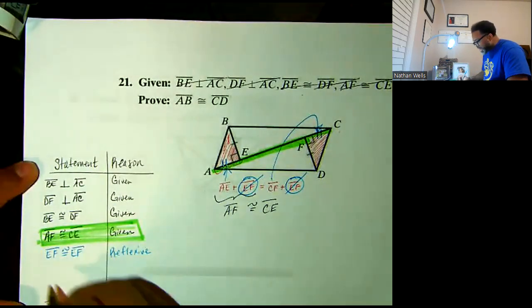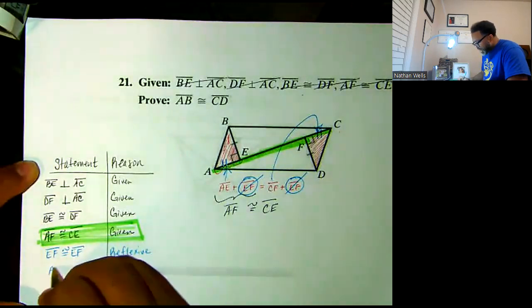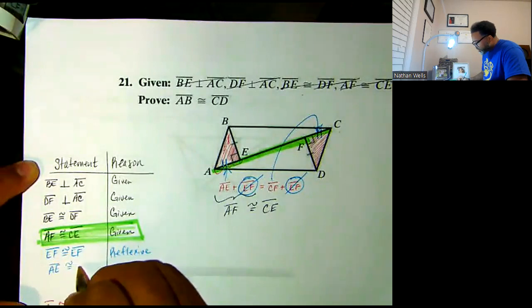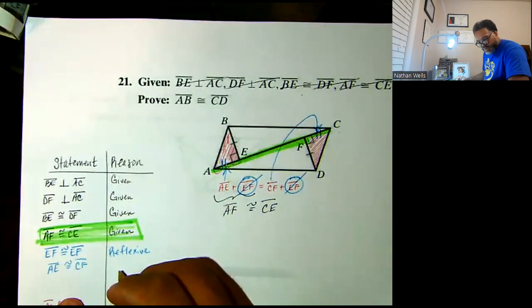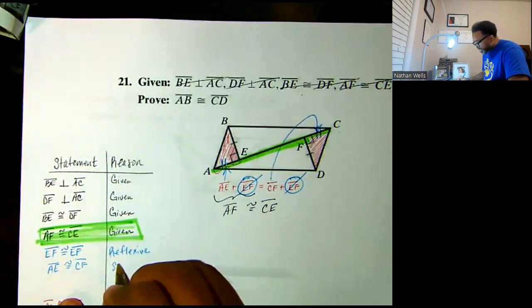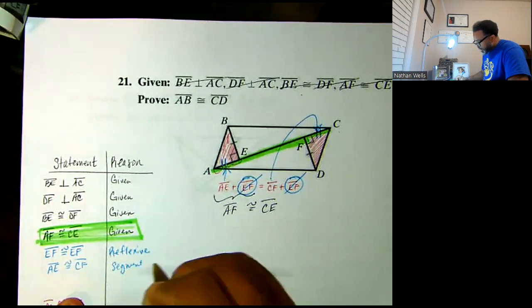So I can now say that AE is congruent to CF, and that's by way of using the segment addition postulate.